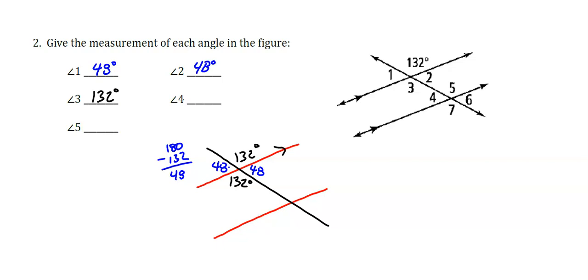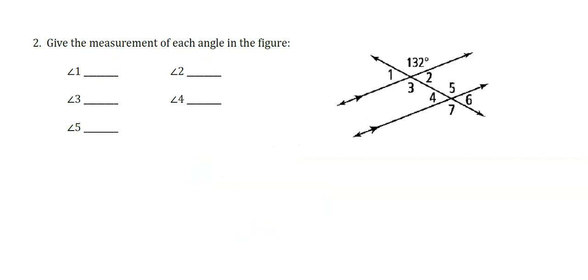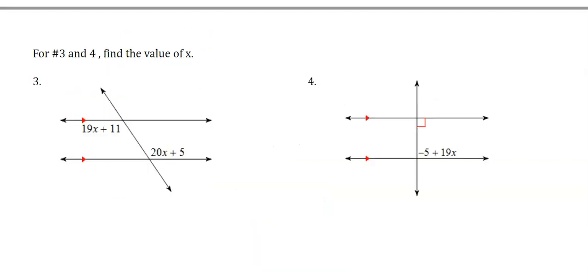Because these two lines here are parallel, I have these extra markings right there that show me that I can then just copy and paste the exact same situation down below, which gives me angle 4, which is 48 degrees, and angle 5, which is 132 degrees.